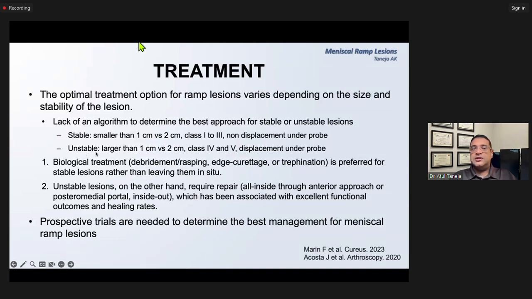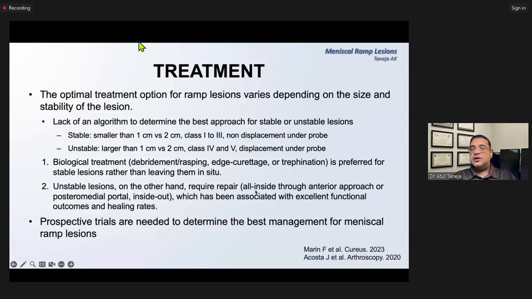On the opposite, they are considered unstable if larger lesions, class 4 and 5, and displacement under probing. Treatment can range from biological treatment like debridement, rasping, curettage, trephination, which is preferred for stable lesions. Unstable lesions, on the other hand, require repair.